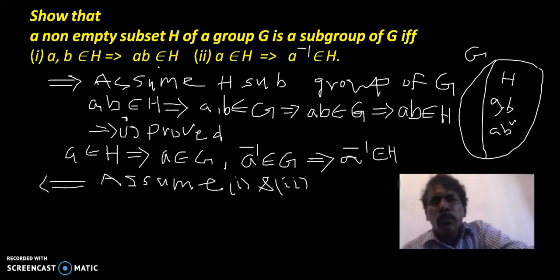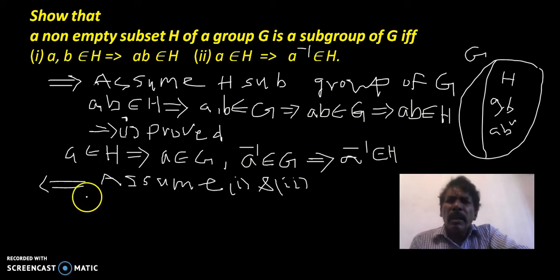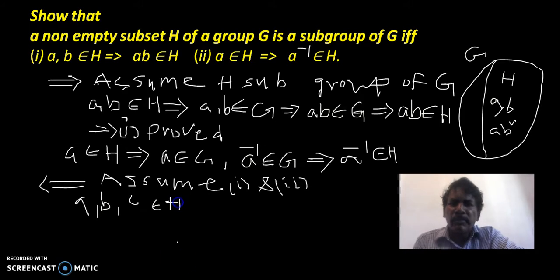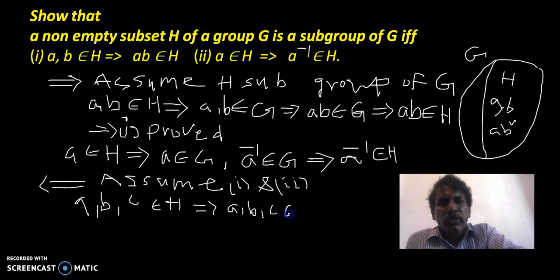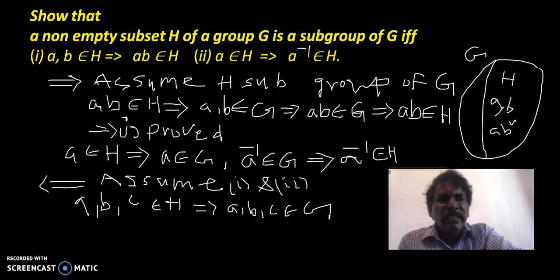Now the associative law. Suppose A, B, C belong to H. Then all the elements are in G, so A, B, C also belong to G, because H is a subset of G. But what is G?